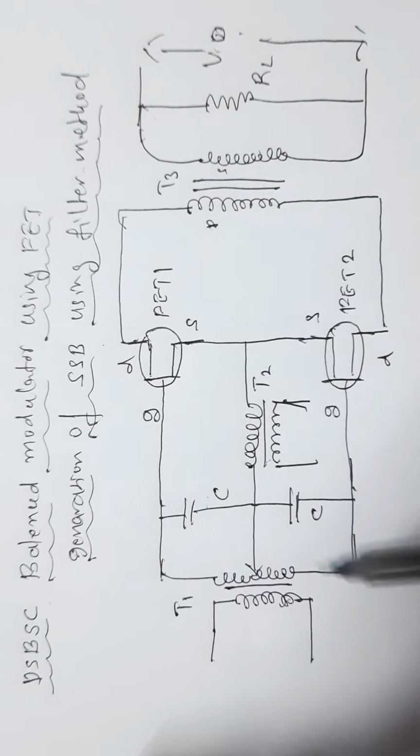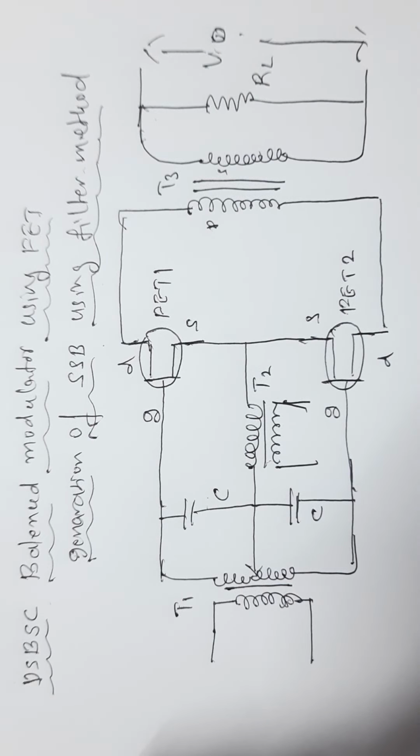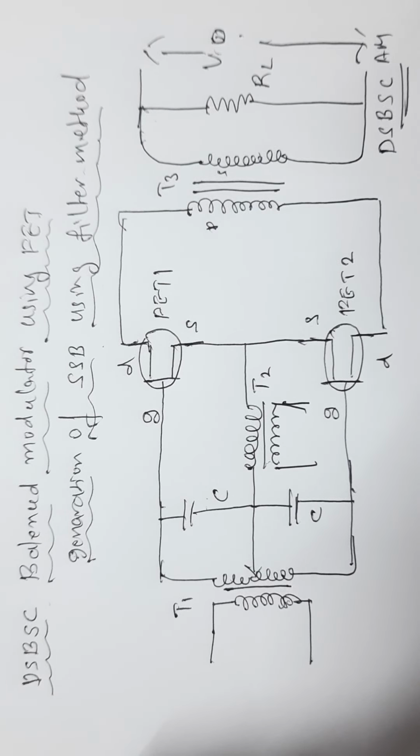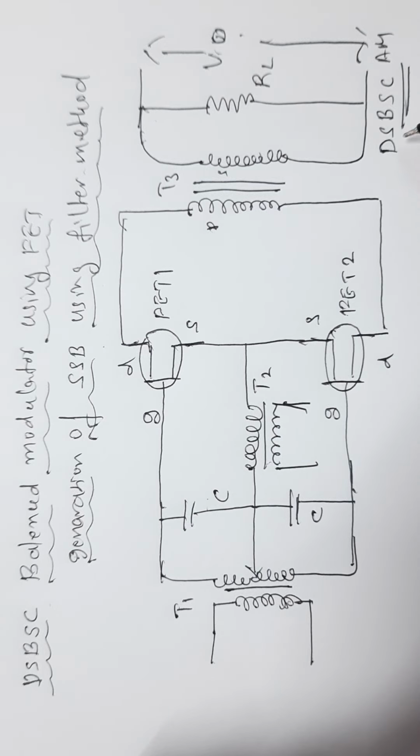This is a simple circuit used to produce double sideband suppressed carrier amplitude modulated wave. The AM wave consists of three components: carrier frequency plus upper sideband plus lower sideband.